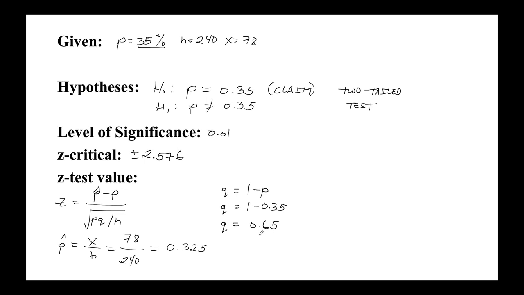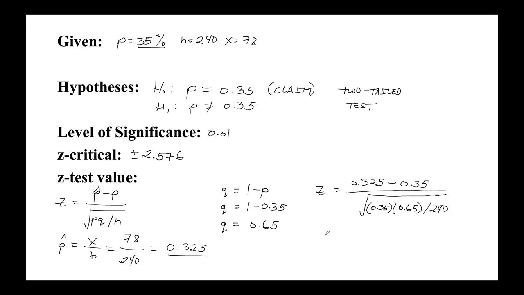We can now solve for the value of our Z. So, Z equals P hat, which is 0.325, minus the value of P or the population proportion, that is 0.35, divided by our denominator, square root of P and Q. So, multiply daw yung P and Q, 0.35 and 0.65, which is our Q. Then, divide sila sa ating letter N, which is 240.